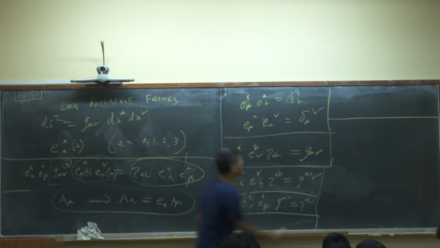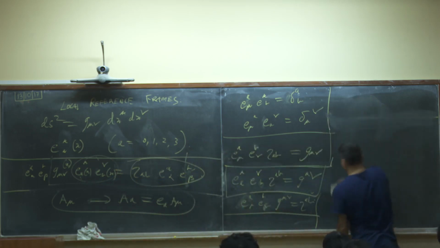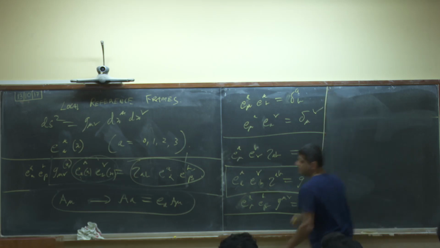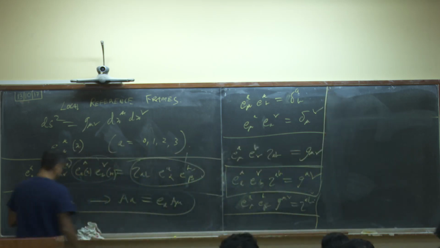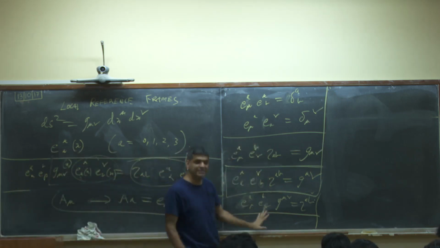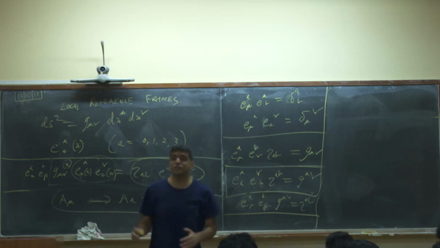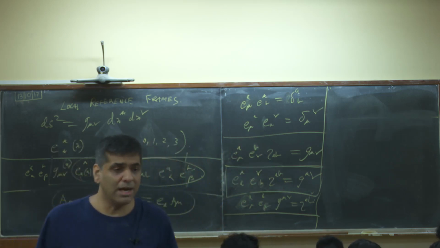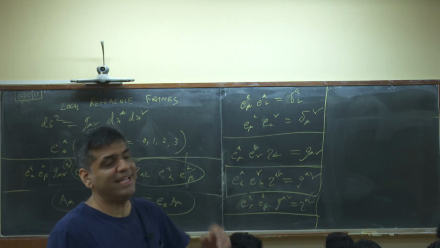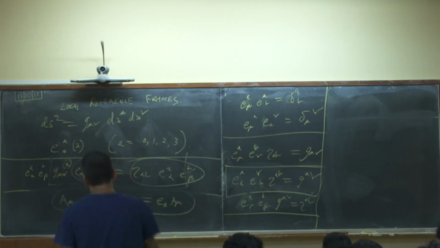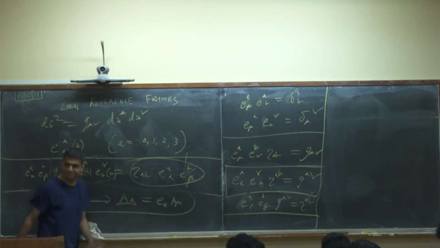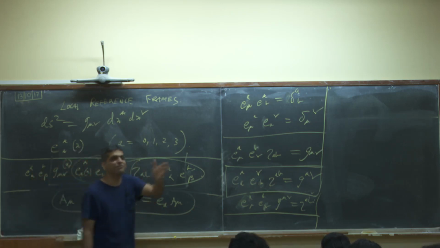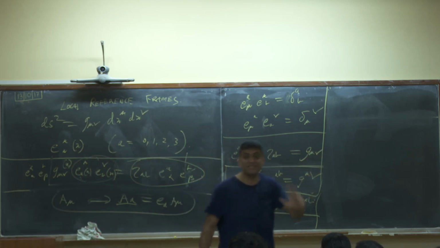Now, the next thing we're going to ask ourselves is the following. I've set up one set of these E's. Suppose you set up another set of these. Of course, you will get different, for instance, A components compared to me, because you will be projecting onto a different basis of vectors.